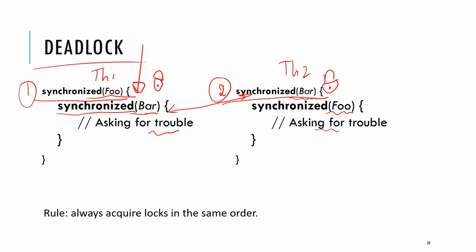And even if thread 2 wakes up and continues executing this line of code, it will soon be blocked over foo because foo has already been locked there. So no matter how you execute those two different lines, it's too late. They will be blocked forever. This is what we call a deadlock.